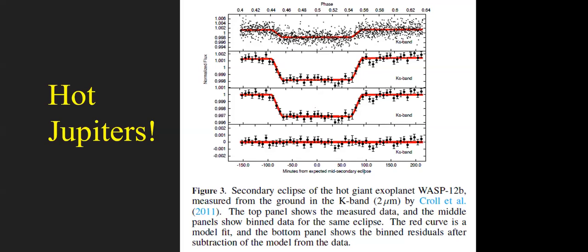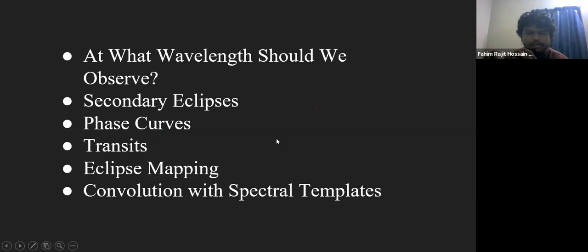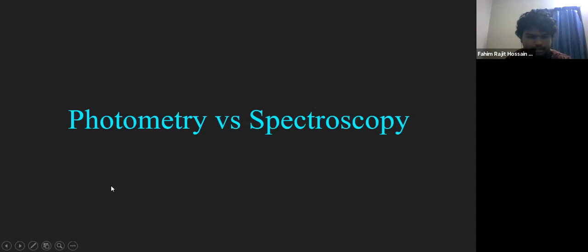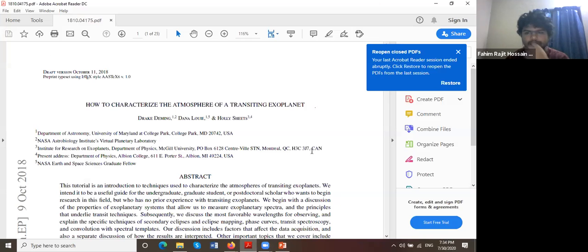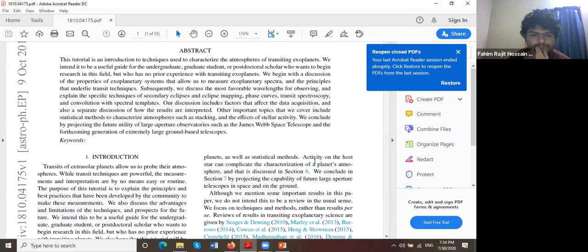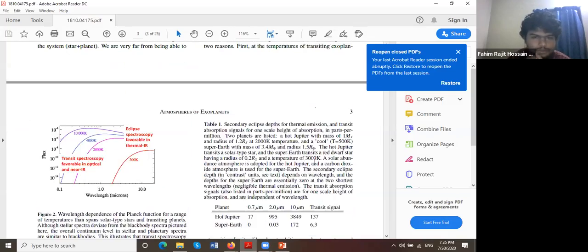So let's move on to the second paper. This paper tells us basically these things. I'm going to show you what the paper actually shows us.